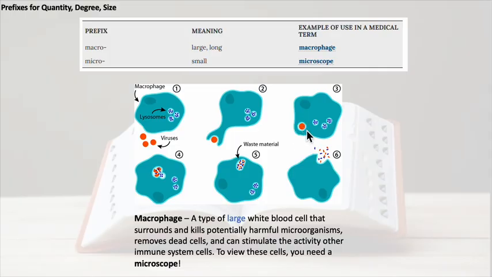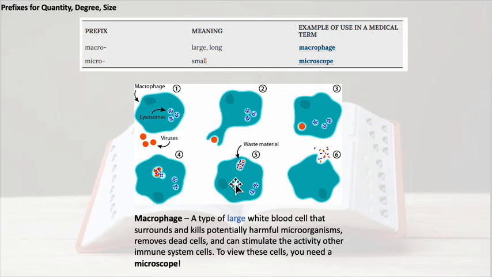So once the macrophage brings that virus in, it will release the digestive enzymes that are within the lysosomes, and those digestive enzymes actually digest and break down the virus into particulate matter that can no longer confer negative effects on our body and on our immune system.